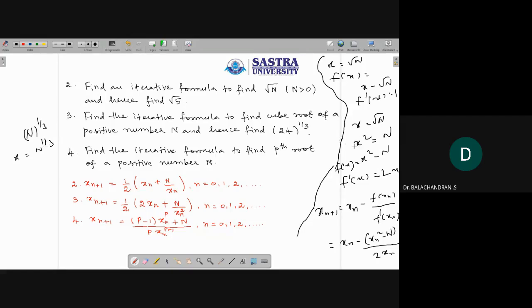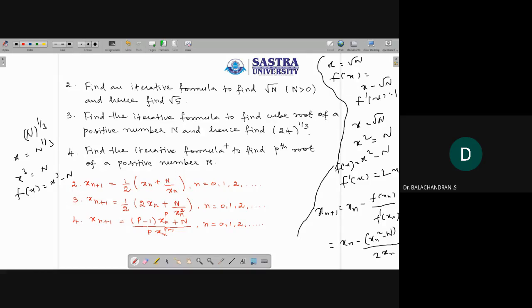In the square root case I squared both sides to get x square equal to n. Here you should take cube on both sides, x cube equal to n, and then take the difference, f of x is equal to x cube minus n, and then find f dash of x. After finding f dash of x, you should use this formula, so you will get the third answer.